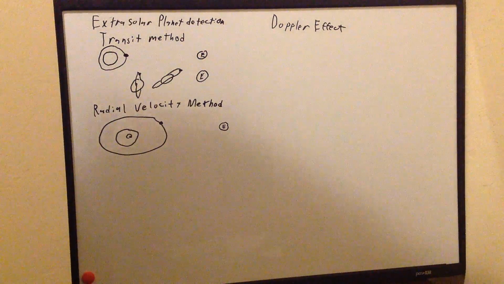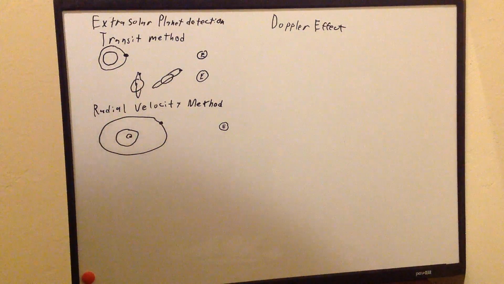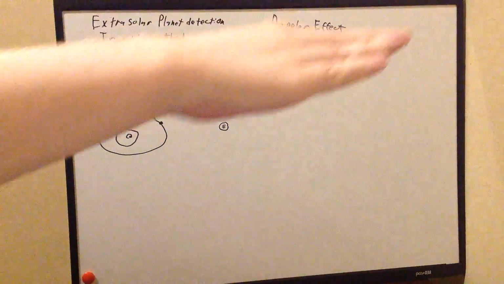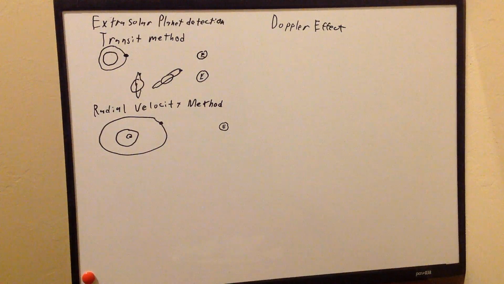But then it comes up on you, it passes you, and as it passes you and starts driving away, the siren becomes lower pitched as it goes away. That's an example of the Doppler effect. The Doppler effect is something that can happen to any kind of wave.